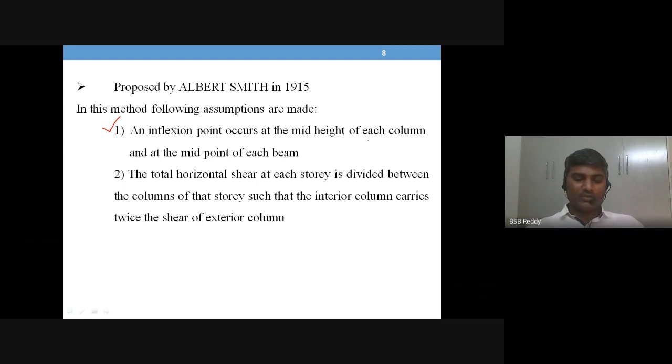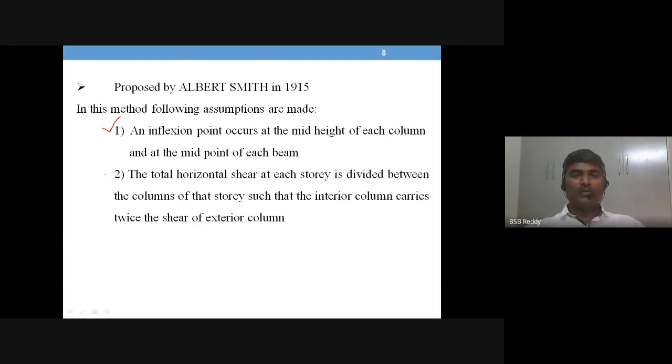This is how we assumed it in the last session. In a single line, you can say the inflection point occurs at the middle of each member. That's simple.